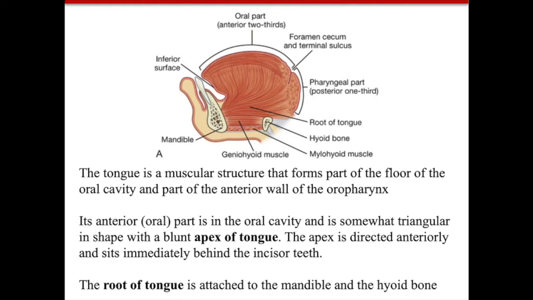We'll call that the pharyngeal part. We'll talk about the digestive system and the pharynx at some point, but for now just keep in mind the pharynx as being part of the throat. Then there is the oral part, which is the anterior two thirds that ends with the apex of the tongue, which is basically the tip of the tongue.